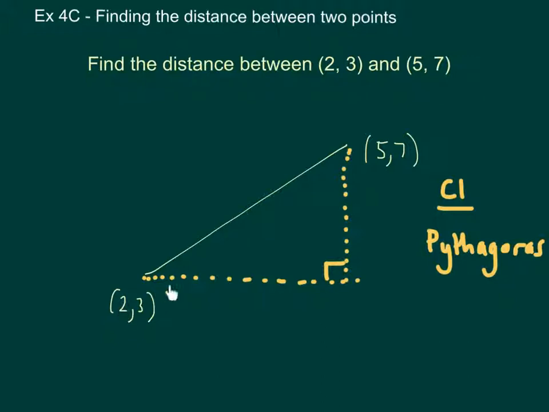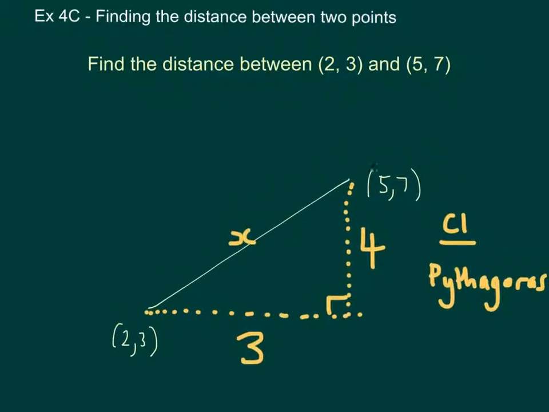So if we work out the distances of these two lines, that's the difference between the x values, 2 and 5, so that'll be 3, and the other side is the difference between the y coordinates, 3 and 7, which would be 4. The hypotenuse is the line that joins the two coordinates together, so that's the one we're going to solve.